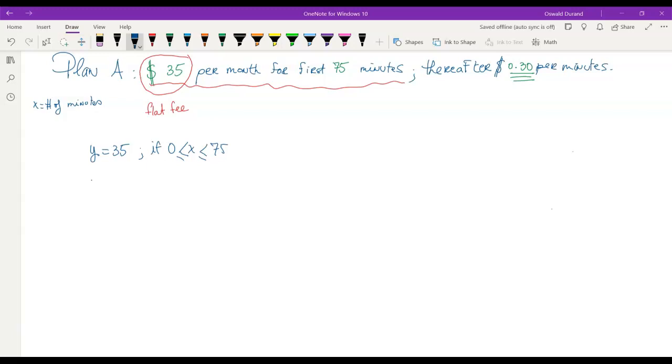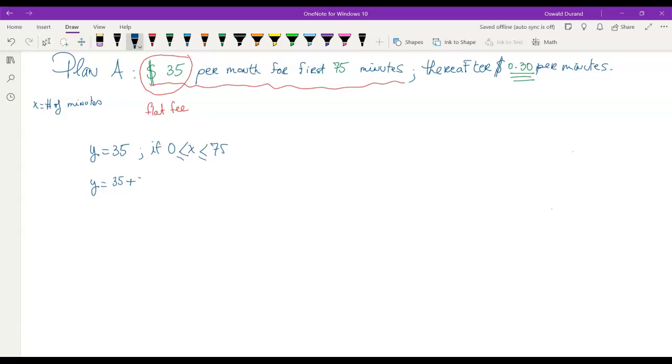So basically that second equation, because you have two time frames, right? You have the first time frame, which is between 0 and 75, where $35 never changes. And then you have the second time frame, which started at 35, but now you're adding the 30 cents per minute.